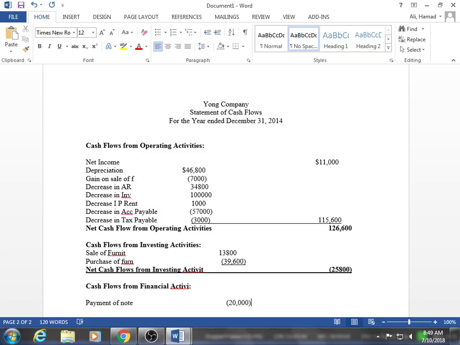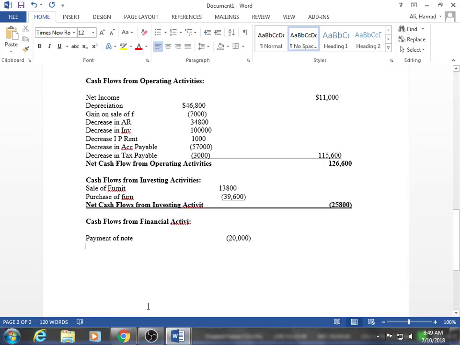And we have an issuance of a new note for 40,000. Is that positive or negative? Positive $40,000. All right, and that's C.